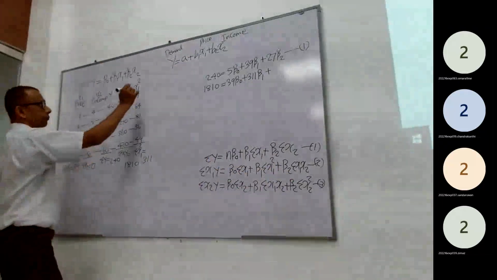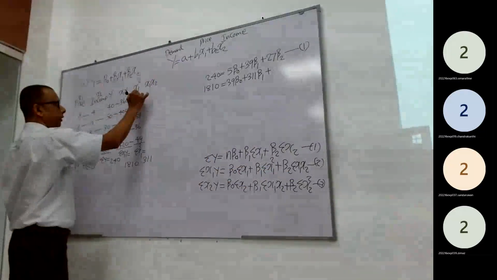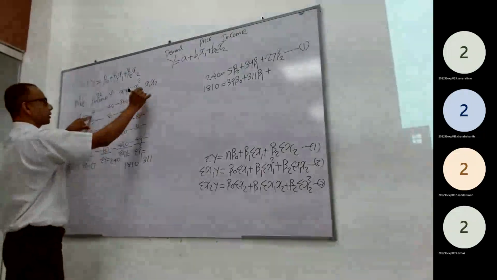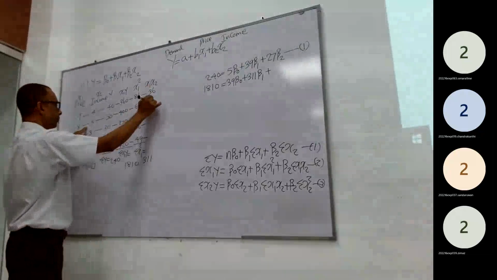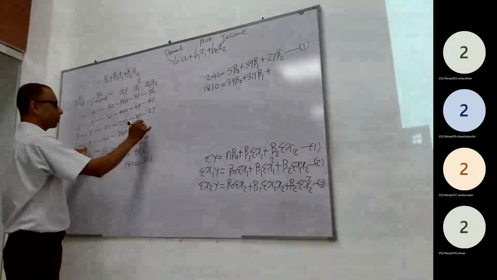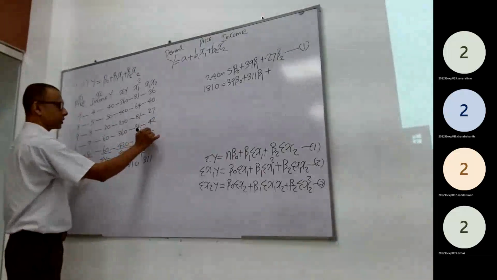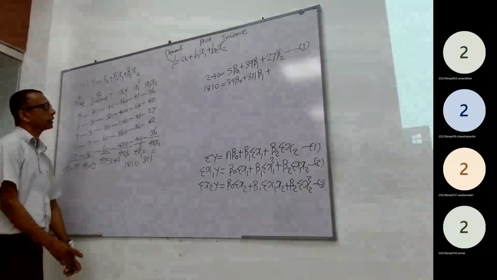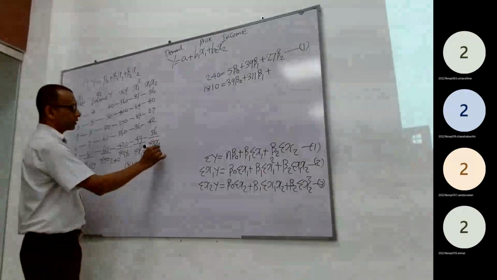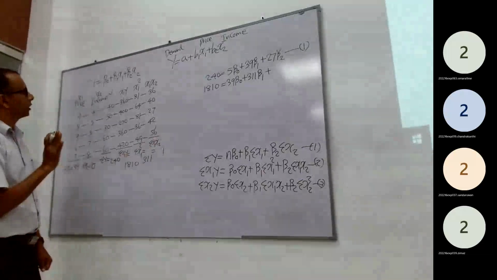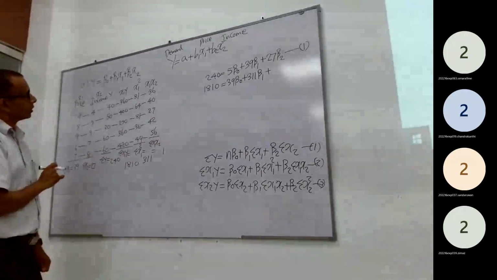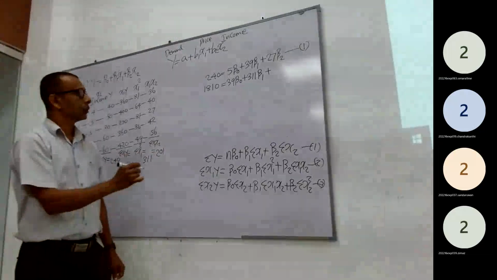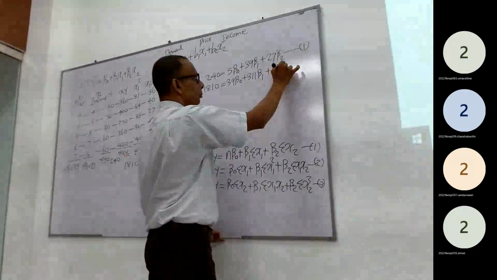Then sigma x1 x2, multiplied: take the calculator, 9 times 4 is 36, 40, 27, 42, 56. Sigma x1 x2 is 201 beta 2.